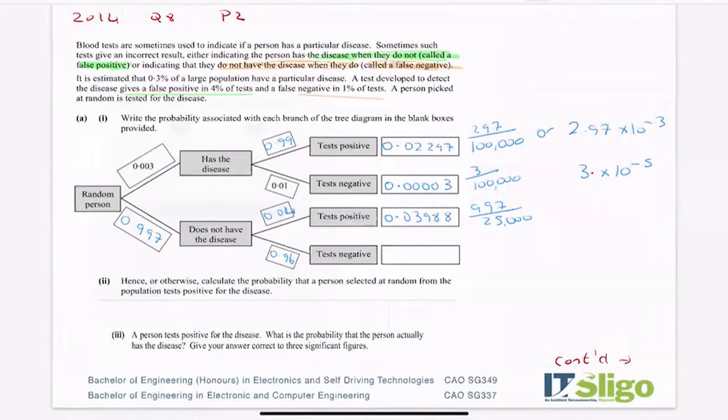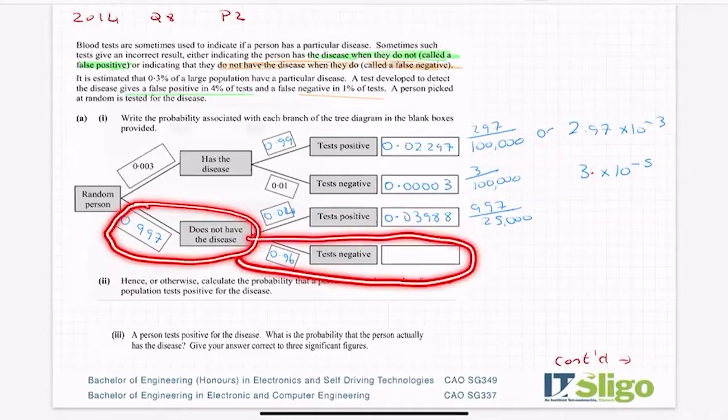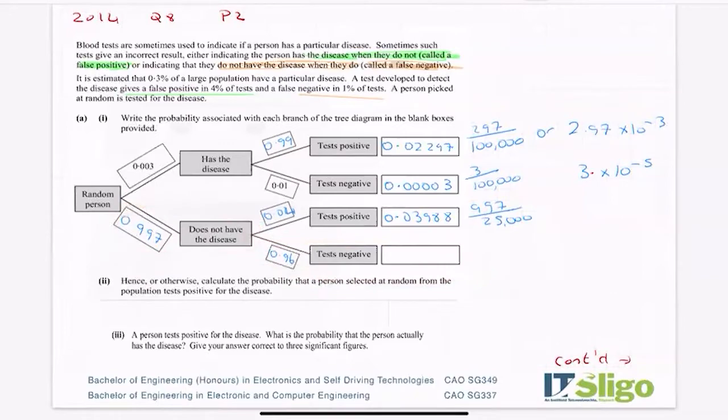Now this is the one you'd expect to be big. You would hope that most of the population does not have the disease and tests negative. So it's 0.997 multiplied by 0.96. And I am getting for that one 2991 over 3125, in decimal 0.95712.